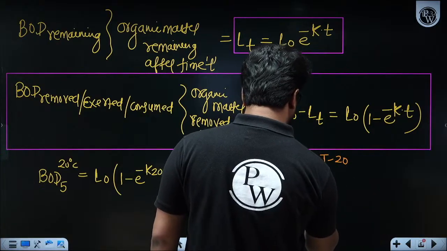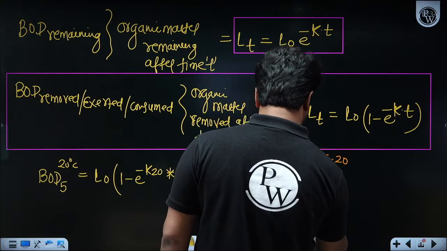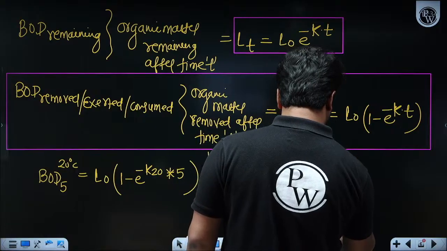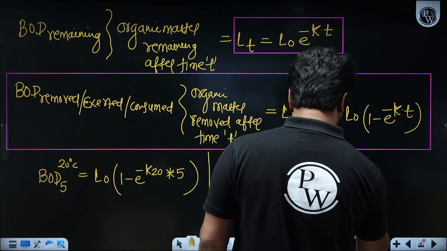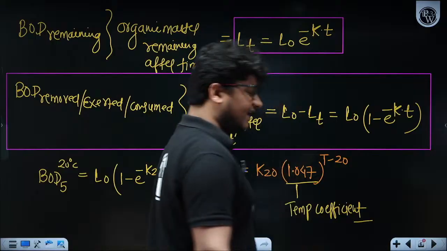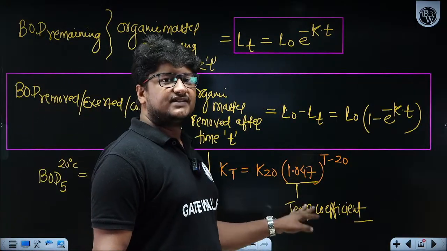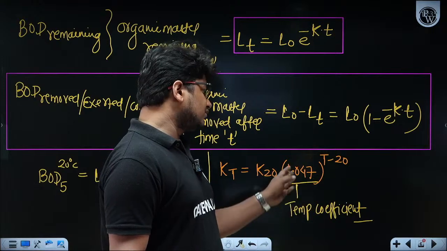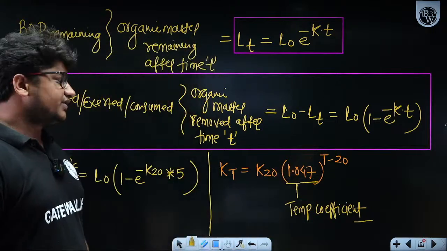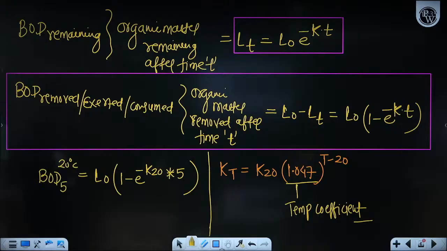This 1.047 is what we call the temperature coefficient. Always remember, if in the question they have mentioned something different, then you should take that as the temperature coefficient. In general, you can use 1.047 to the power T minus 20.